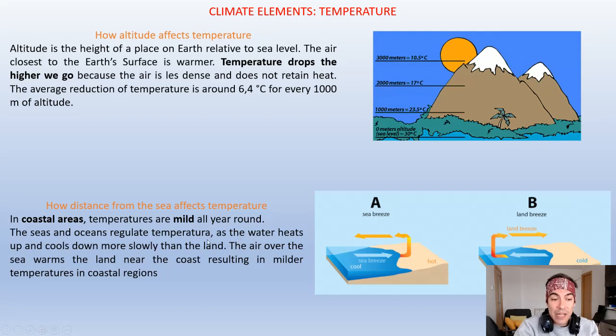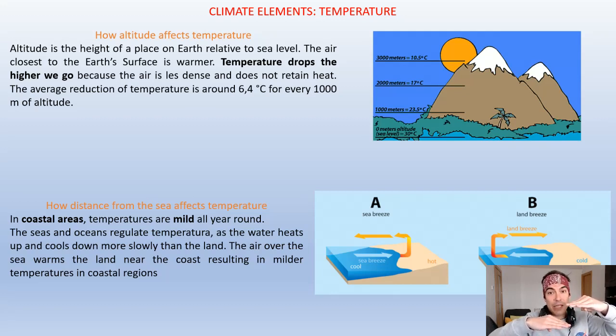The water heats up and cools down more slowly than the land, okay? So the air over the sea warms the land near the coast, resulting in milder temperatures in coastal regions. In coastal regions, we have a high temperature and a low temperature, and they are not very far from each other in a graph.